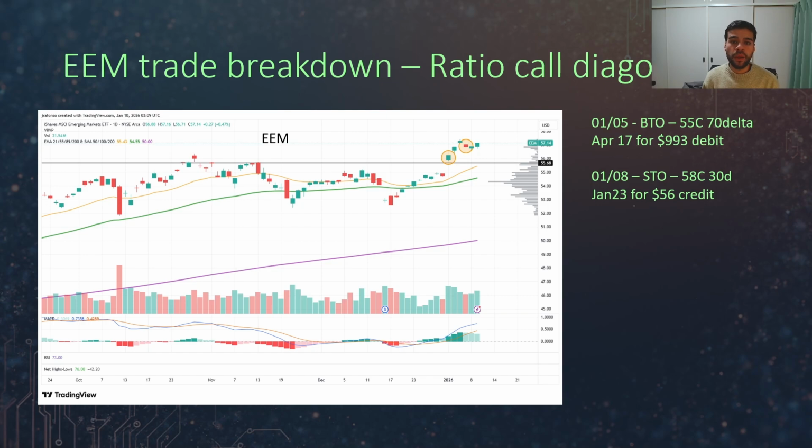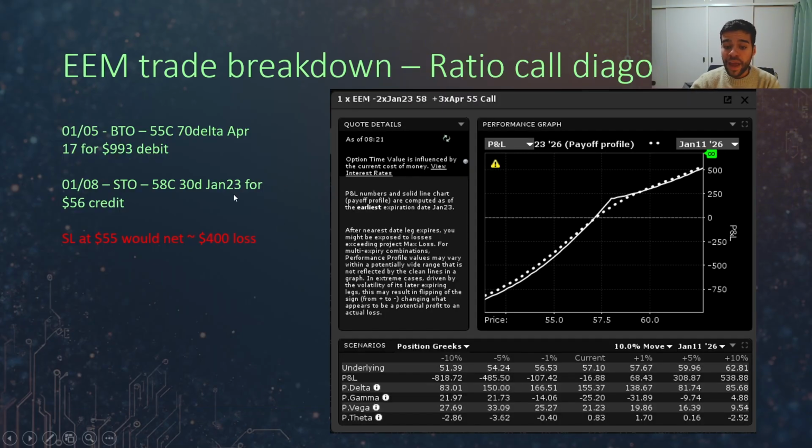So I sold to open 58 call, 30 delta, January 23rd, so that was about 15 days out for $56 credit. So if we look at this position, as it is right now, you can see here I bought to open the 3 calls, then I sold to open the 58 2 calls.